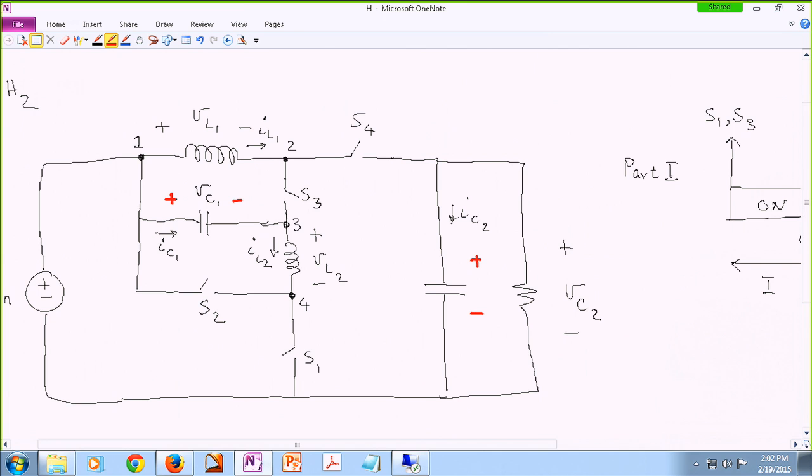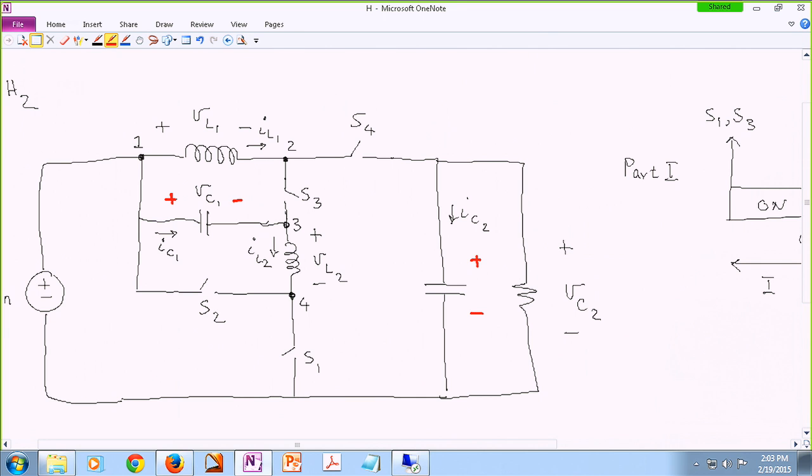So we have already done an analysis for this converter. If I remember correctly, VC1 was D times Vin, which is positive, and Vout also happens to be positive.